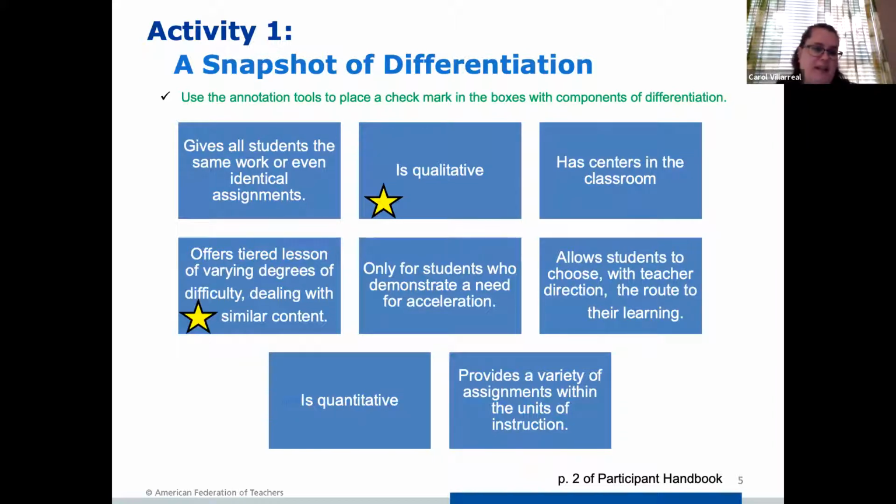It offers tiered lessons of varying degrees of difficulty dealing with similar contents. It allows students to choose, with teacher direction, the route of their learning. It provides a variety of assignments within a unit of instruction.